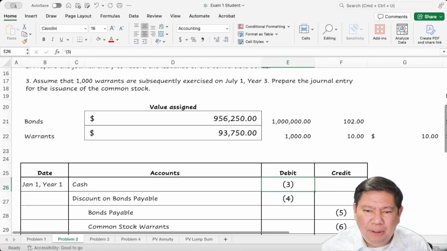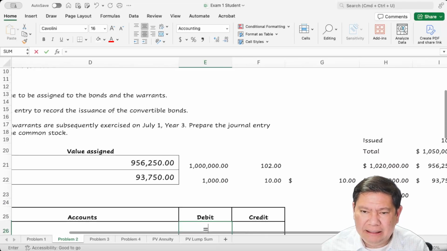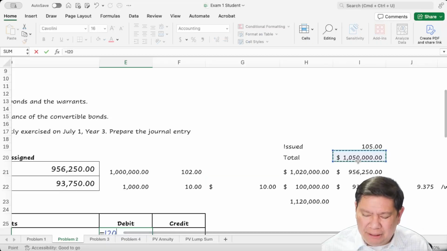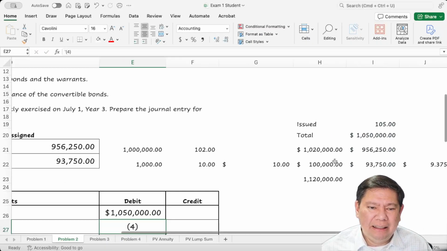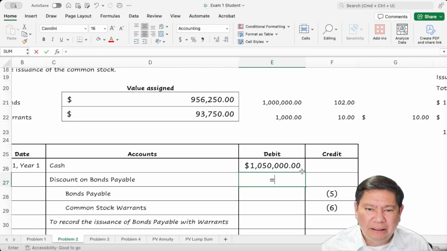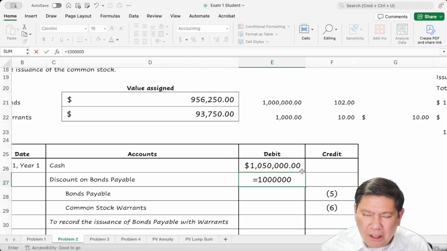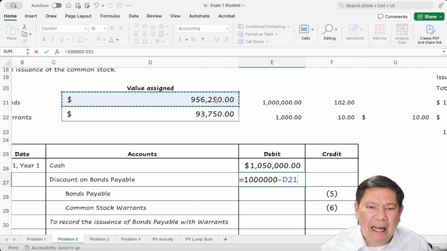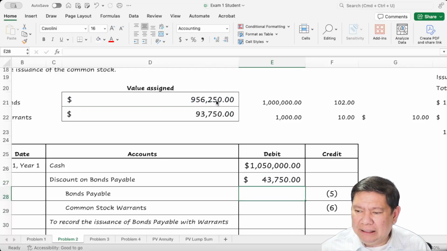The cash that we are going to receive is the 1,050,000. Okay, we sold it for that much. The discount is $1 million for the bonds minus 956,250 assigned to the bonds, which is 43,750.